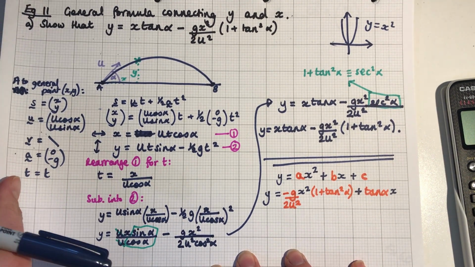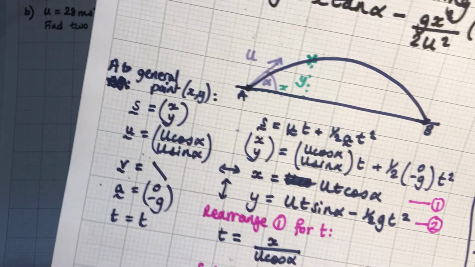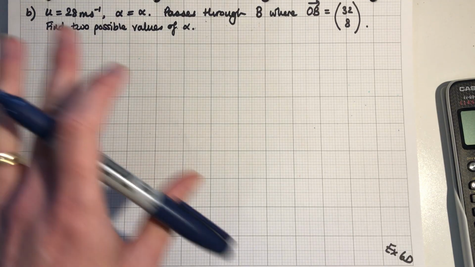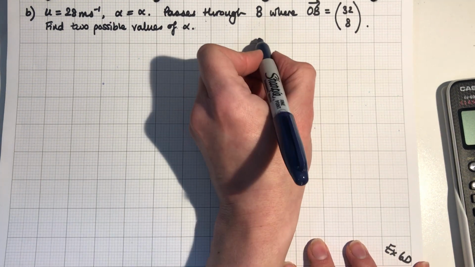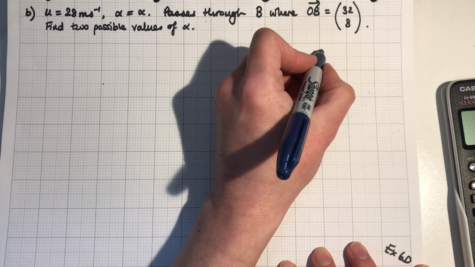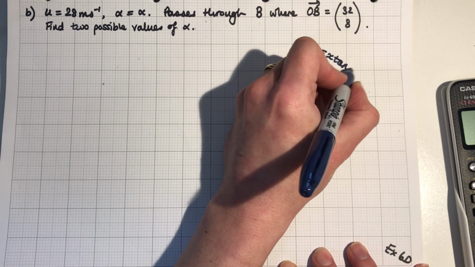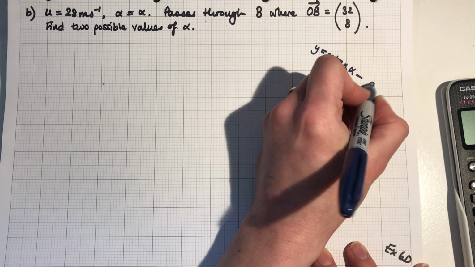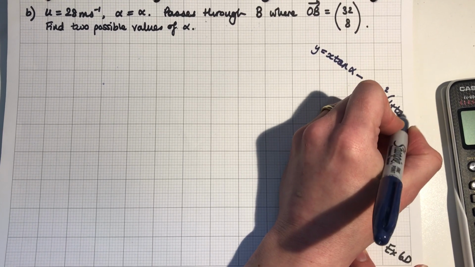Now, using that, it wants us to answer part B. So the only thing I'm going to do before I even look at part B is I'm going to write this equation down again. So our equation from before, let's just put it to the side here, was y equals x tan alpha minus gx squared over 2u squared 1 plus tan squared alpha.